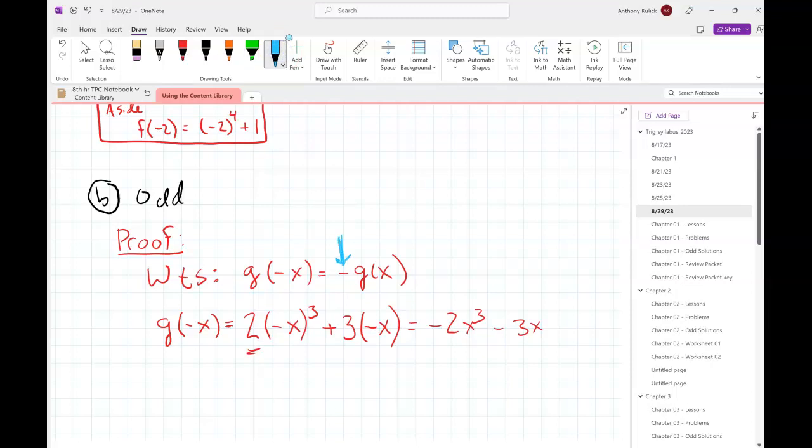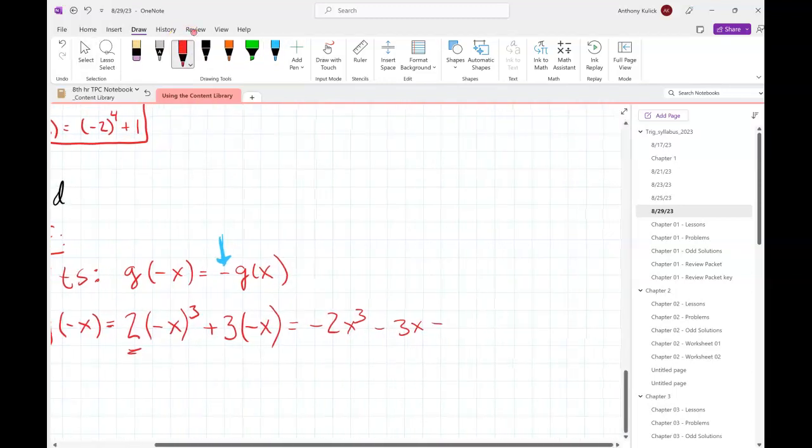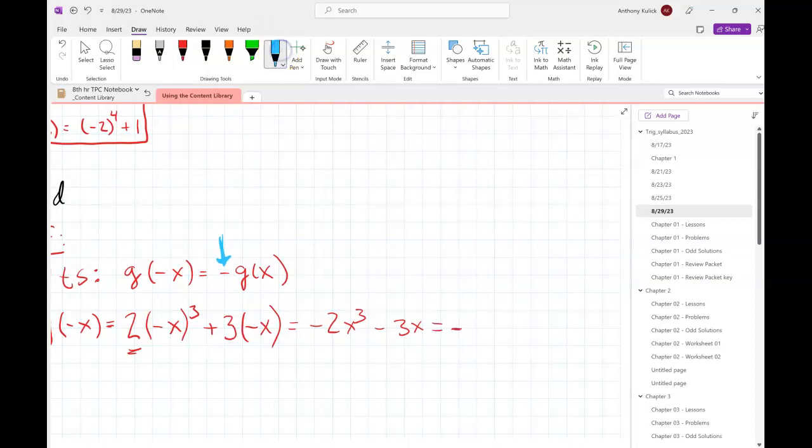Now, I'm trying to get to negative g of x, right? That's where I want to end up. So what I'm going to do now that I've simplified is I'm going to factor off a negative. So I can make that negative out front. If I factor off a negative, negative 2x cubed becomes positive 2x cubed. And negative 3x becomes positive 3x. Everybody feel okay here?